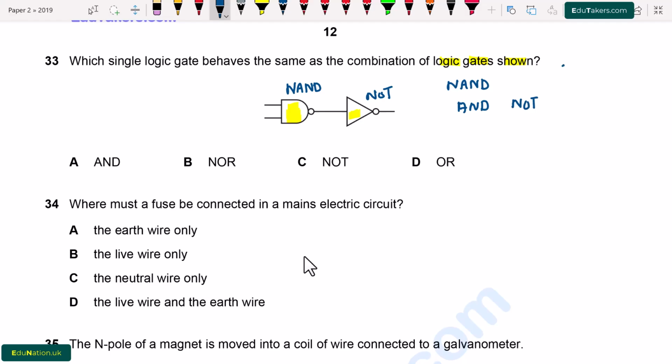Then we know that in the NOT gate, 1 changes into 0 and 0 changes into 1. I draw here a truth table. First of all, there are two inputs A, B, and the output of the NAND gate is X, while for the NOT gate it is Y. 0, 0, 0, 1, 1, 0, 1, 1.